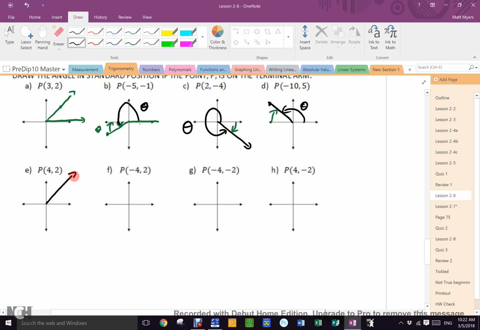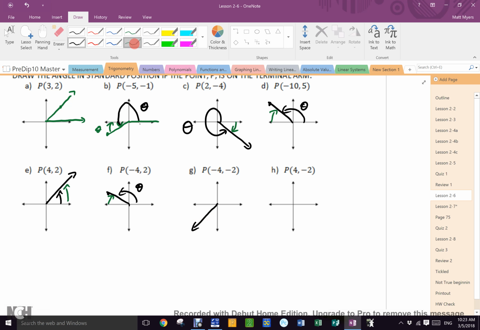4, 2. Right there. What do you know about theta and the reference angle? It is the reference angle. Negative 4, 2. There's theta. Reference angle is what? 180 minus theta. Negative 4, negative 2.